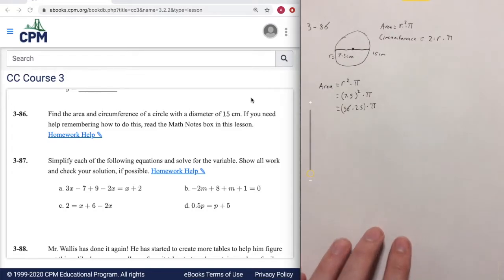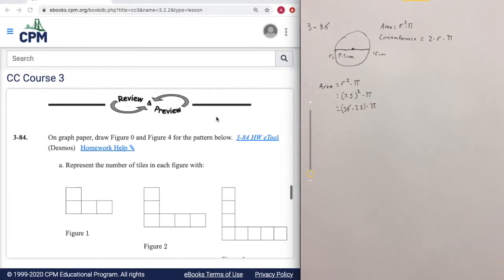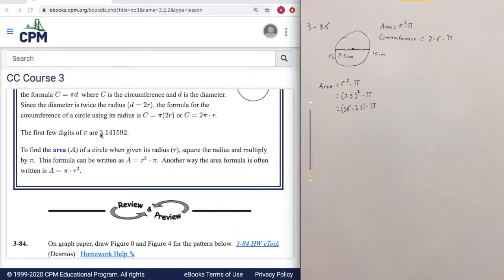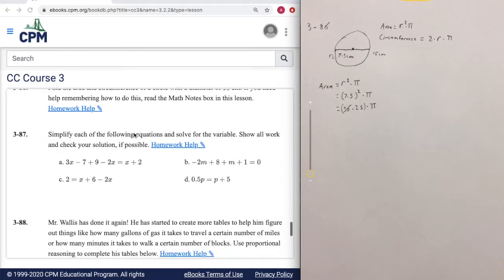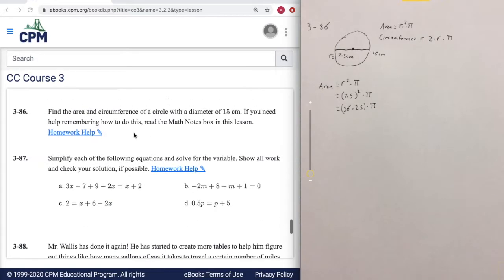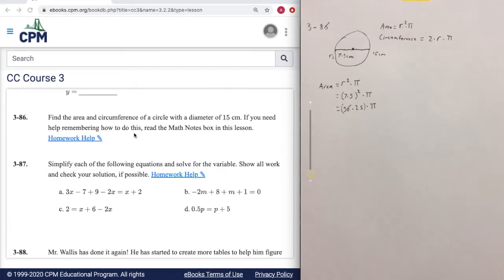Now, pi is kind of a funky number. It's a bit different from anything else. It actually goes on forever after the decimal point. But the first few digits are 3.141592. So don't feel like you have to use all those digits. 3.14 or something like that is fine. If you're using a calculator, it might have a pi symbol.